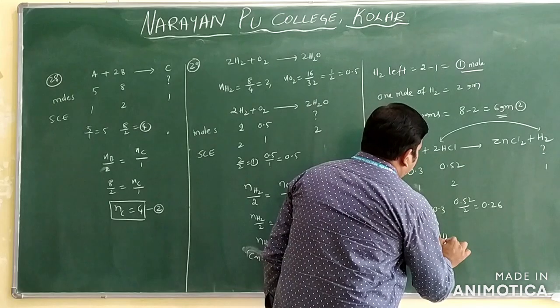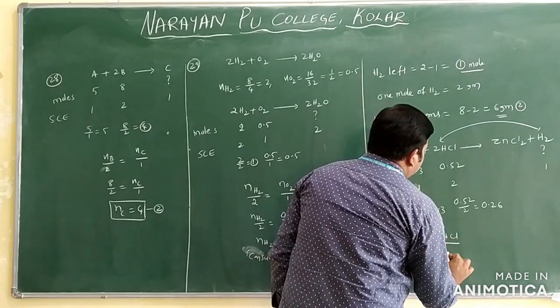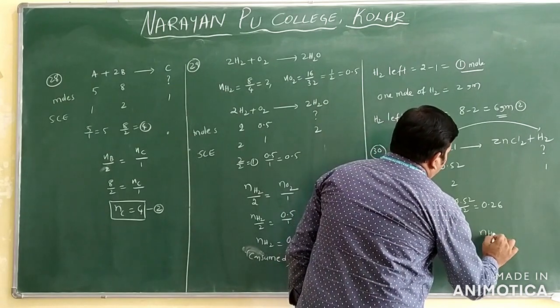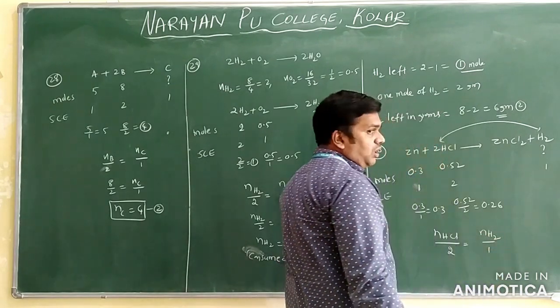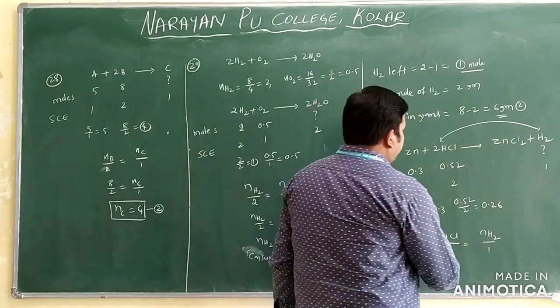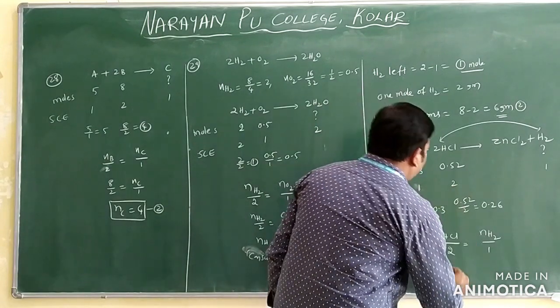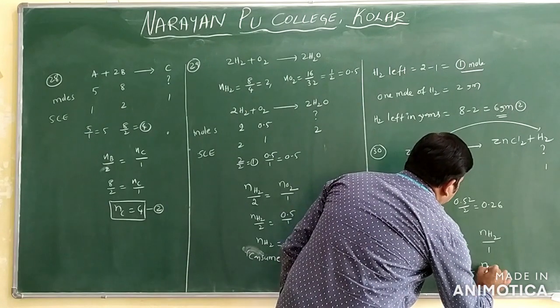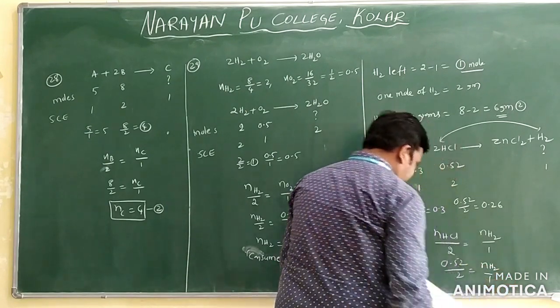So we have to compare these two. How can you compare here? Number of moles of HCl by its stoichiometric quotient 2 is equal to number of moles of H2 by its stoichiometric quotient 1. Number of moles of HCl we have is 0.52, so 0.52 by 2 is equal to number of moles of H2 by 1.